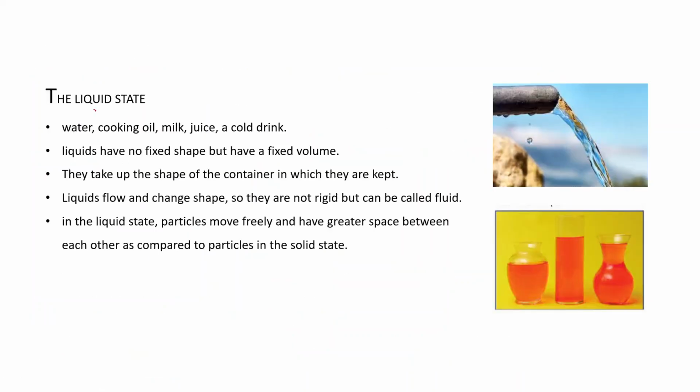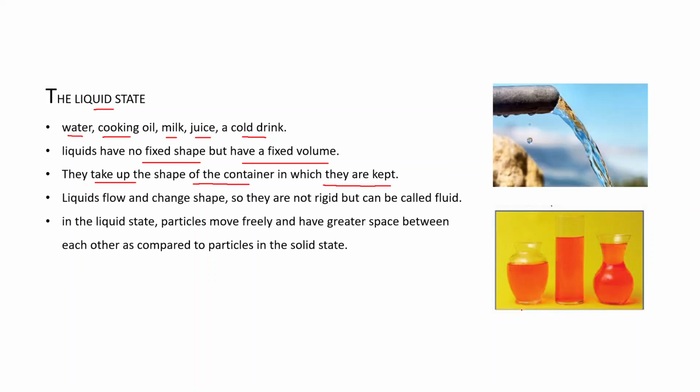Come to the liquid state. Examples are like water, cooking oil, milk, juice and cold drink. Liquids have no fixed shape but have a fixed volume. Actually, liquids take up the shape of the container in which they are kept. Now just see, in this case some orange juice is there.